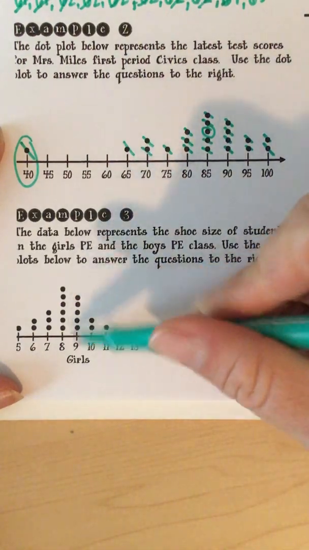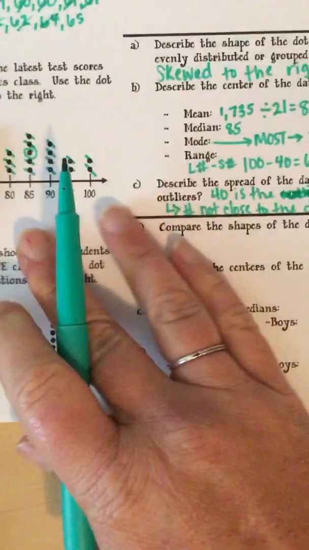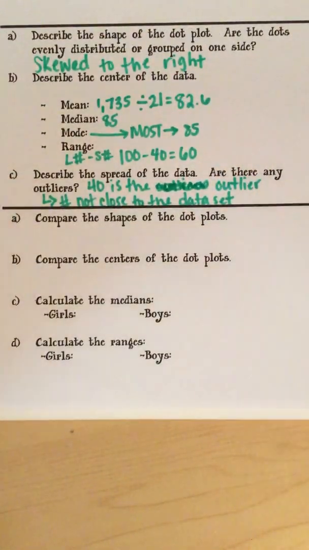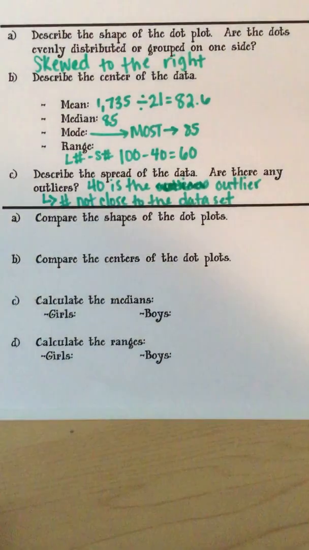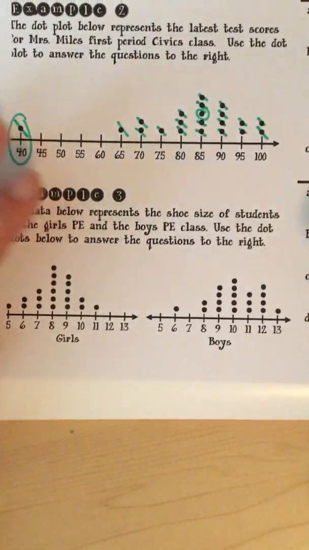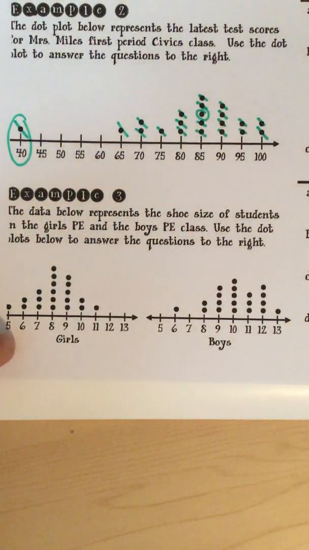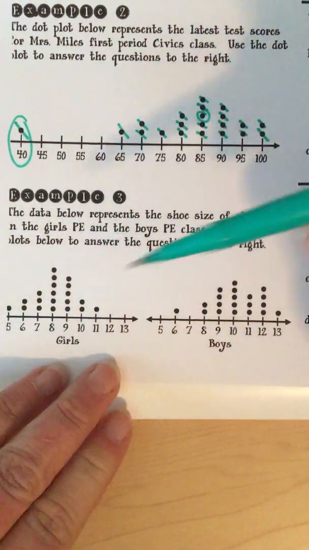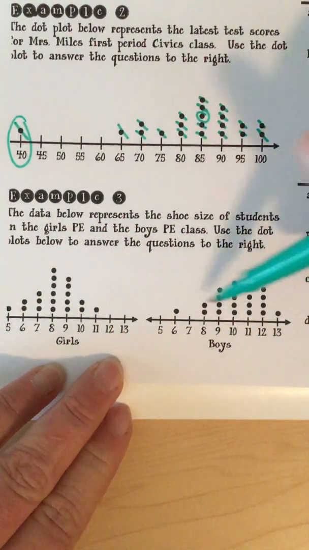So again, we're using these two and we're comparing them. All right, so question A says compare the shape of the dot plots. So if we're looking at the shape of the dot plots, the girls, they're all real close together, and the boys, they're fairly close together with somewhat of an outlier.